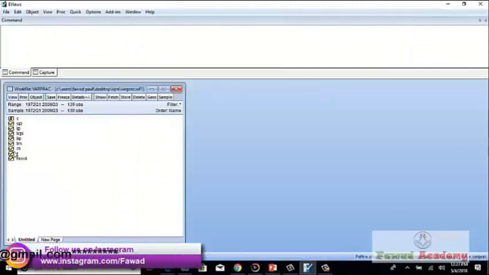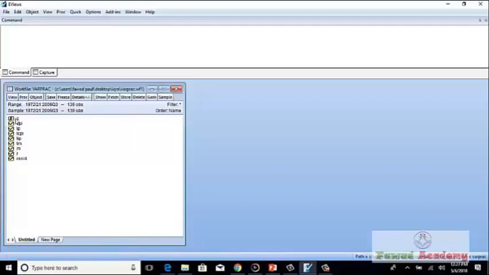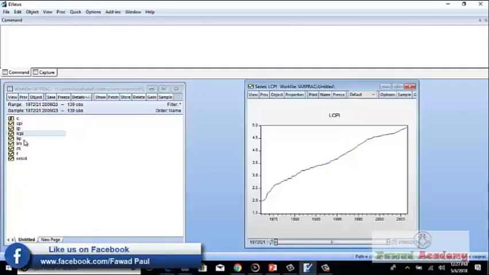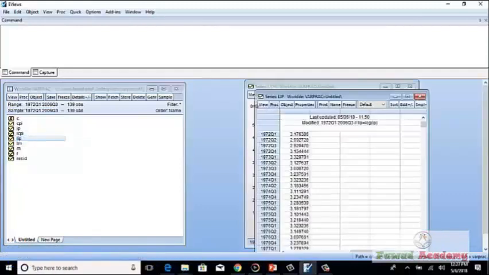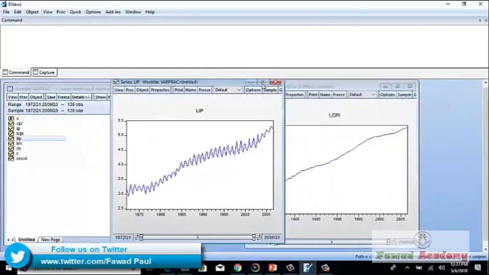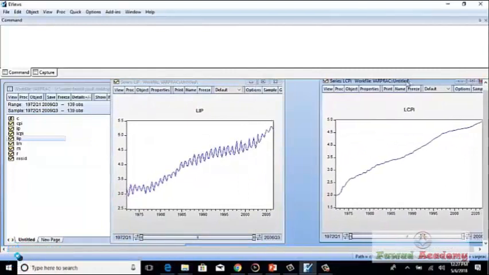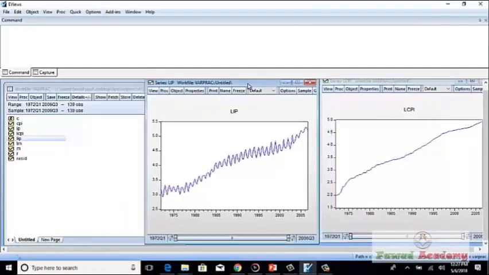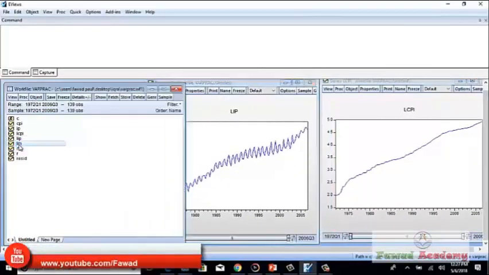Look, these are the variables, and we have already converted them into log form. Let's check the graphs of the consumer price index, industrial production data, and the log of money.